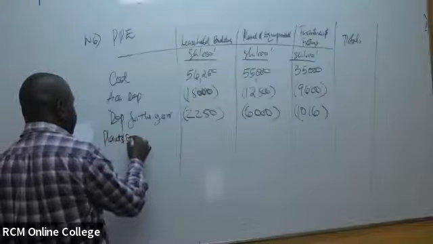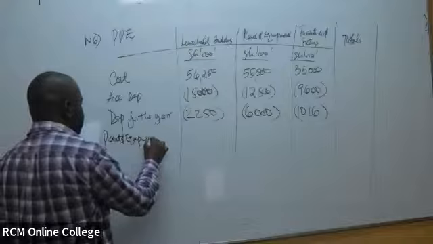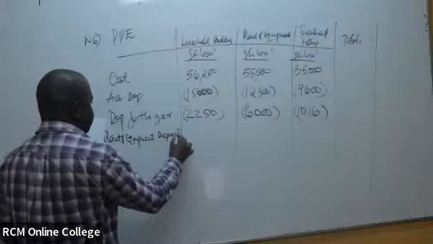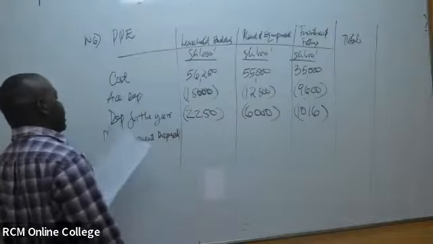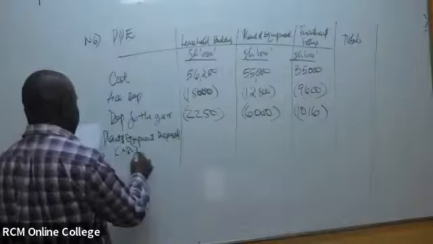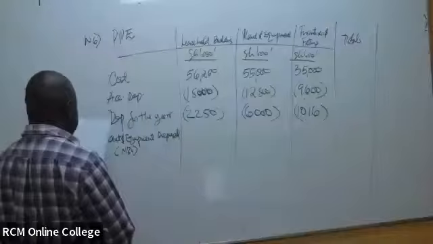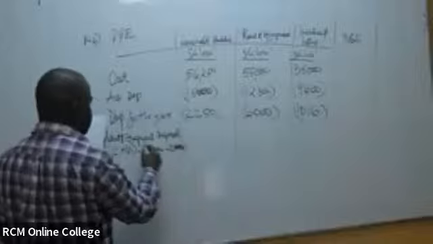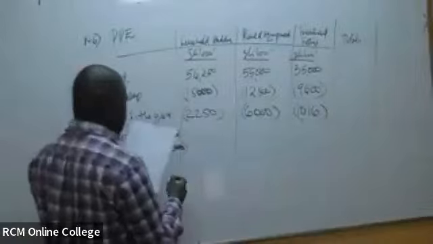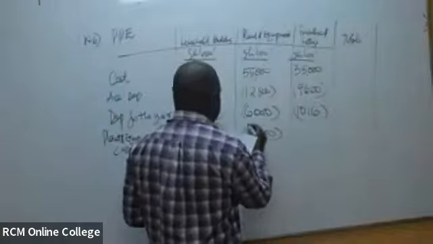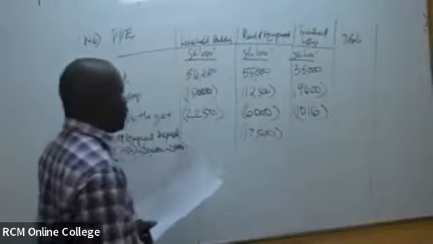You can put it at the net book value. The net book value of this item will likely be 20 million, minus 2.5 million, so you end up with 17.5 million. So you reduce it at the net book value.